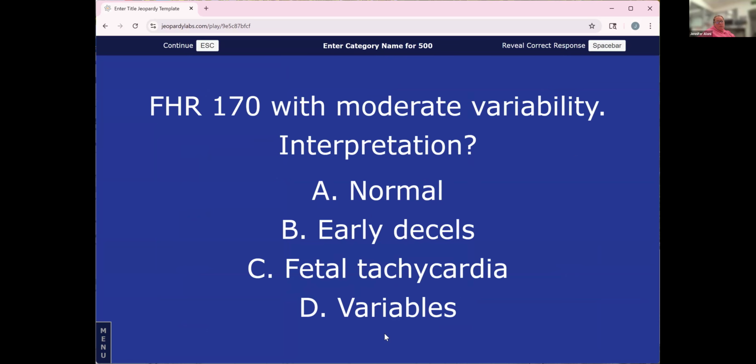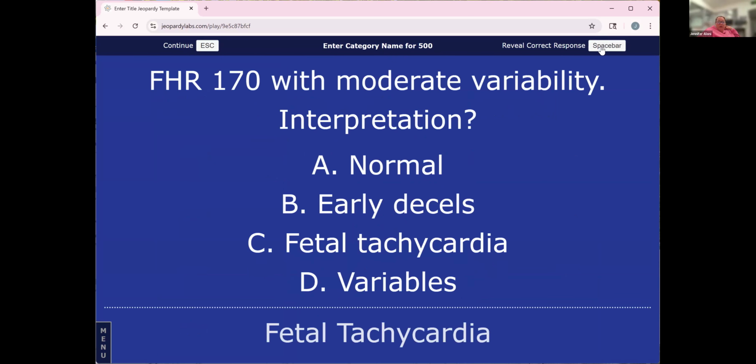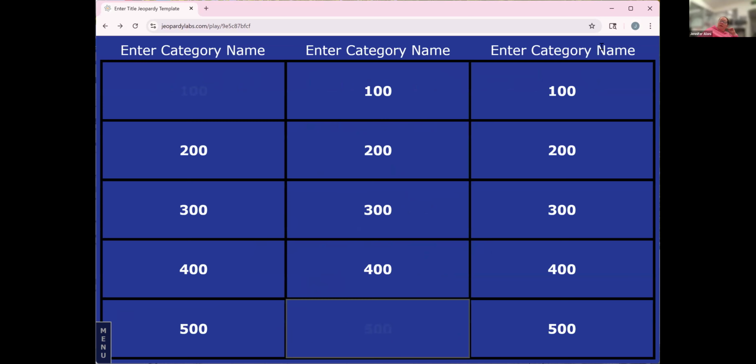Or is it variables? Fetal tachycardia. Yeah, it's a high heart rate. We don't know if it's variables because we don't know what it looks like. What's our normal fetal heart rate? 110 to 160. Yep. It's going to be a little fast, so we're going to have fetal tachycardia. Very good.